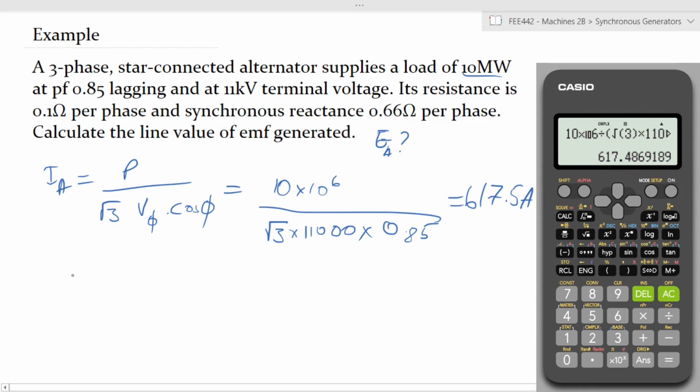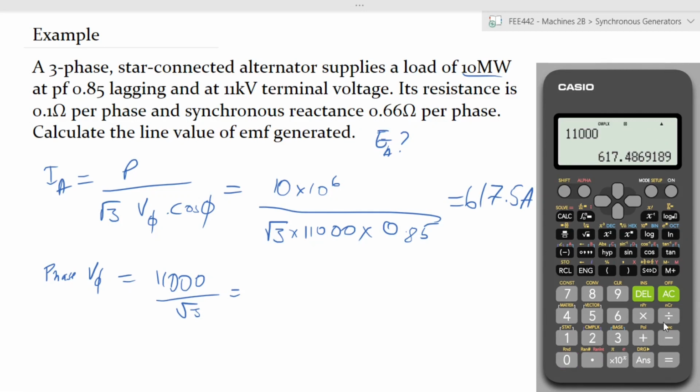Okay, now what is the phase value of the terminal voltage? Let's call it V phi. It is given by 11,000 divided by √3, which is 6,350.85 volts.